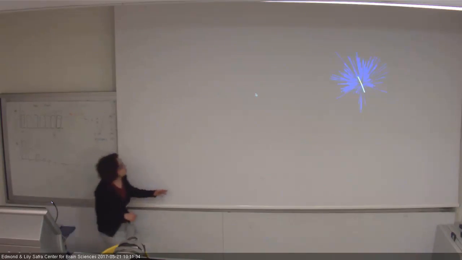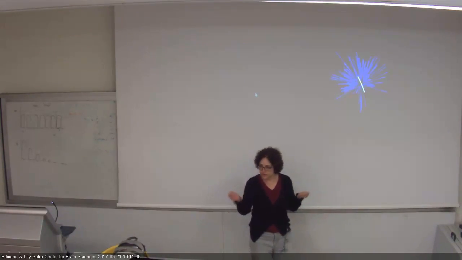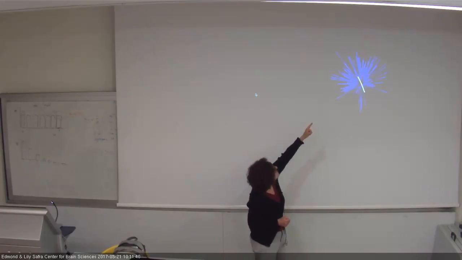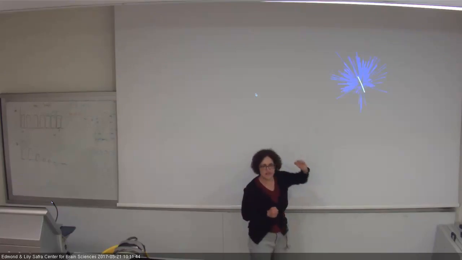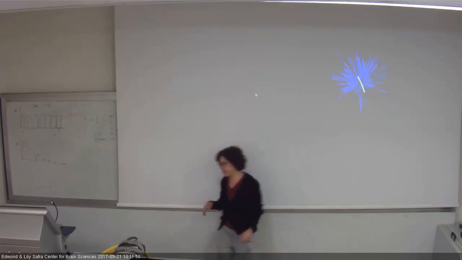The blue lines are the contribution of single cells, and yellow is either the actual movement or the population vector, and white is the other, I can't remember which, but it doesn't matter.